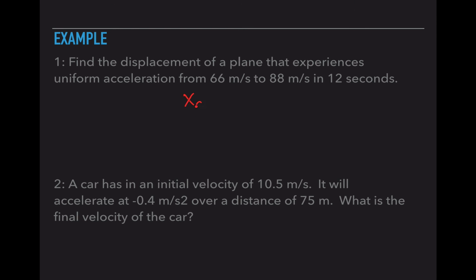I'm going to write it down. xf equals xi plus 1/2 vi plus vf times t. Okay, so the plane experiences uniform acceleration. Since it does not indicate our initial position, we can assume that our initial position is 0. So we can cross that out and rewrite the rest of the equation.